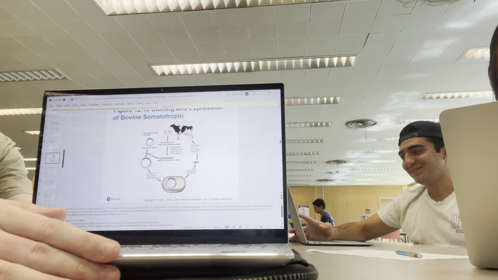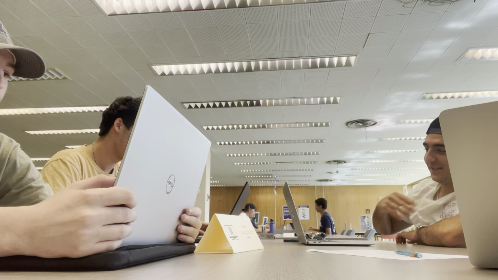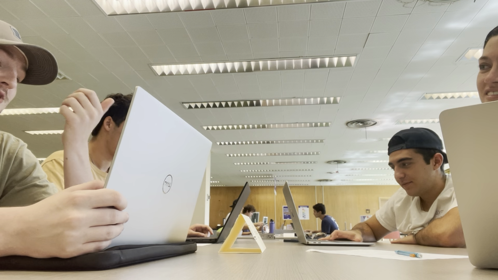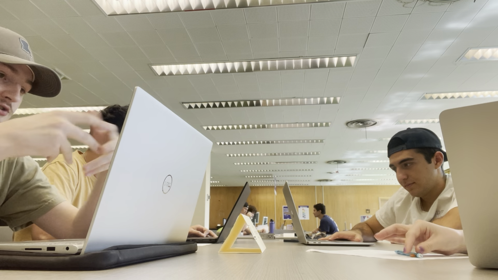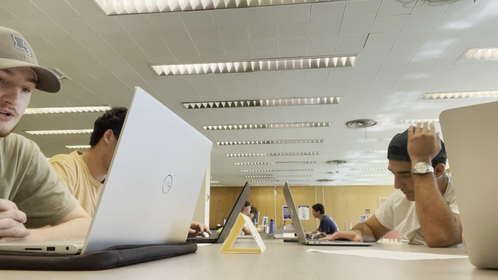This next slide is a figure which is showing the process of cloning and expression of bovine somatotropin. So really what you're going to do here is get BST mRNA from a cow, which is your bovine somatotropin mRNA, and convert the mRNA to cDNA using reverse transcriptase.